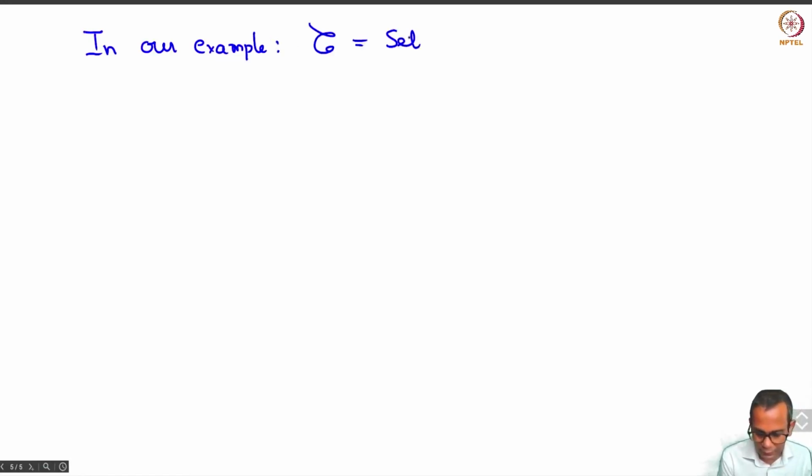In our example, we had taken C to be the category of sets, D to be the category of groups. We had taken F to be the free group functor. This is from sets.